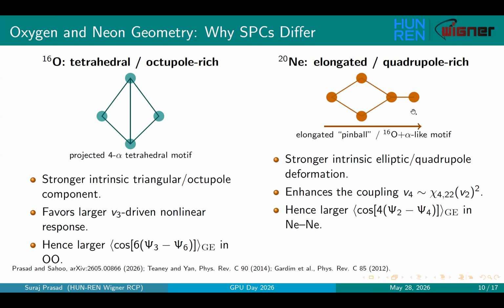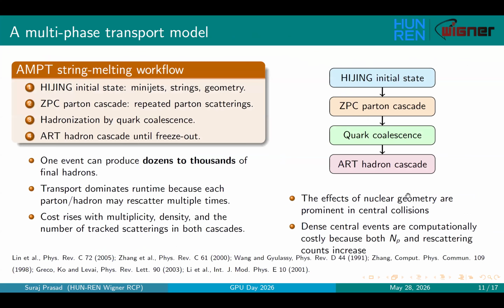So the oxygen nuclei has an intrinsic octupole deformation, and the octupole deformation is well quantified by using this symmetry plane angle. Similarly, for the neon, we have large quadrupole deformation in the nuclei, and this can be well quantified using this observable when 2 neons collide.